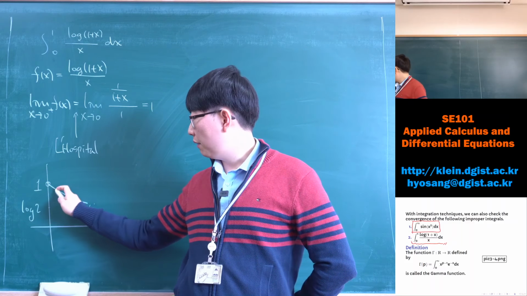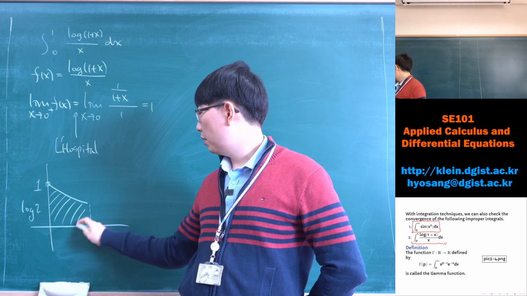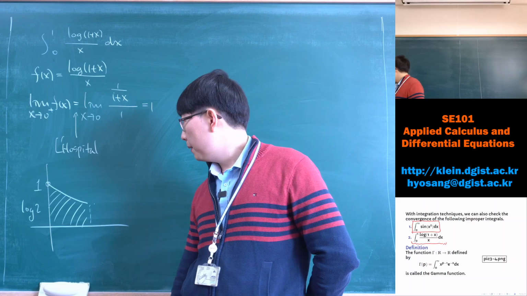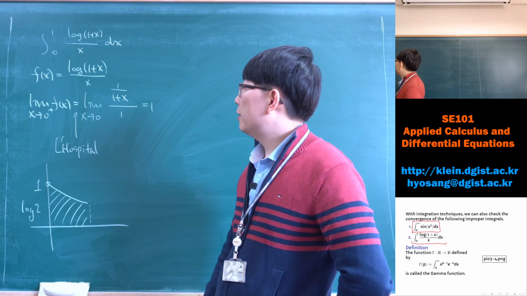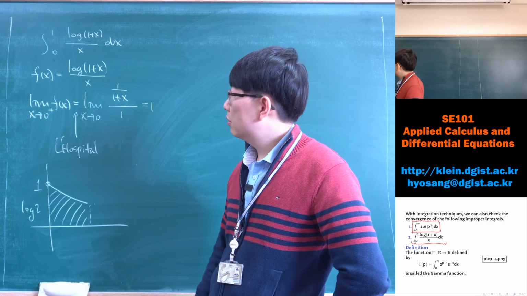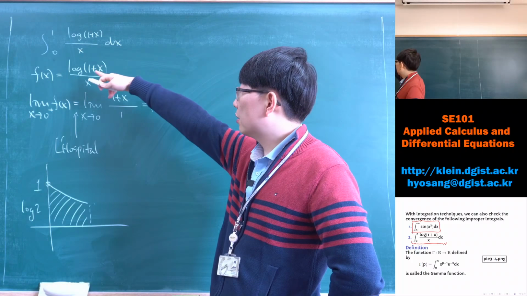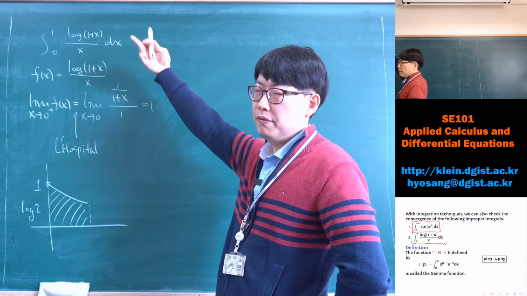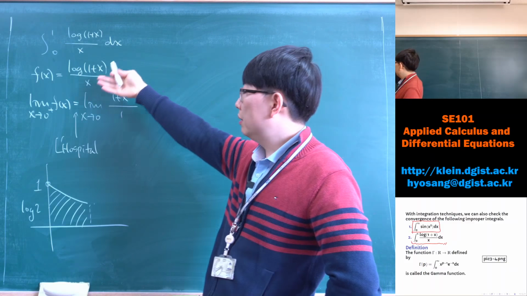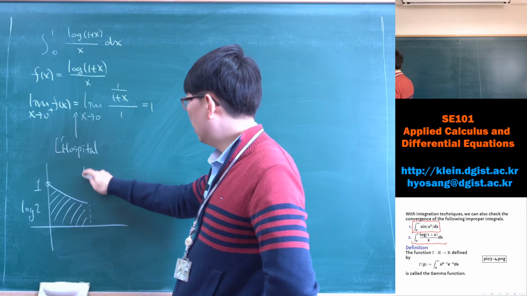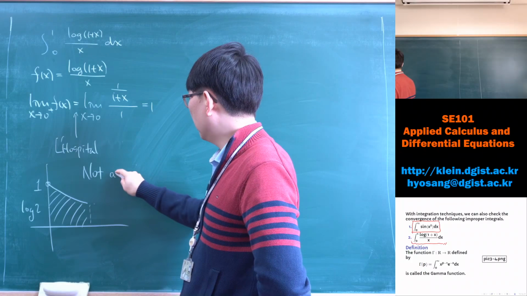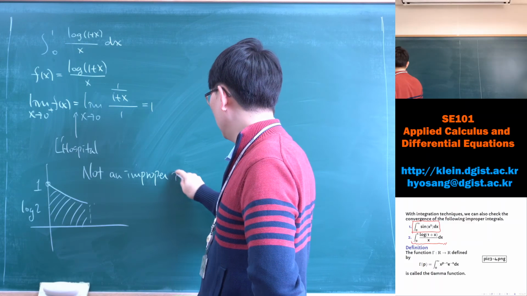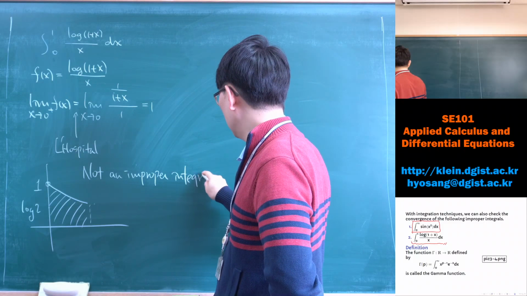So it's nothing but a definite integral because it means the area of this bounded region. You can say this is not an improper integral because it's only discontinuous at one point and you have a finite value as a limit. So this is not an improper integral.